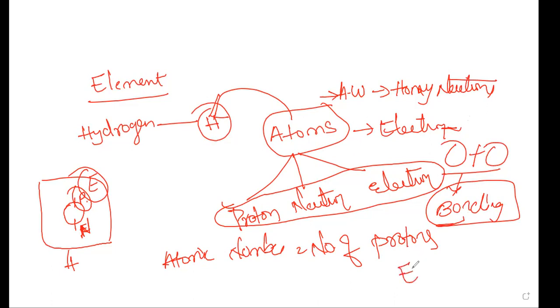Electron defines the energy level of an element. If there are two electrons, its energy level is stable.